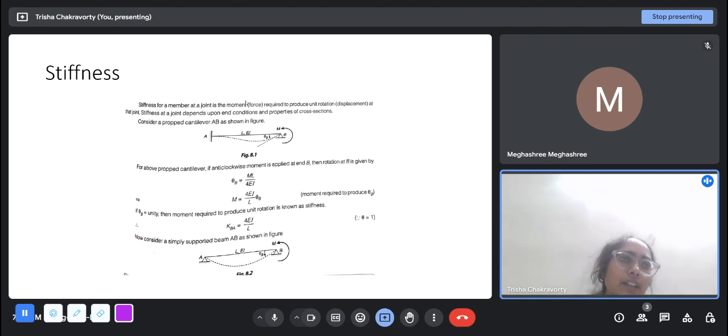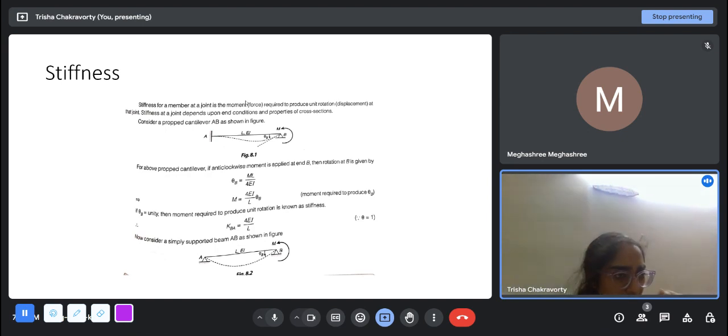Just for a moment forget about structure analysis and think of the spring we learned in class 11, 12, or even before. How is the spring constant defined? In a spring that is fixed at one end and we put a mass at the other end, or a force F, we say that F equals kx, right? So k is F by x.